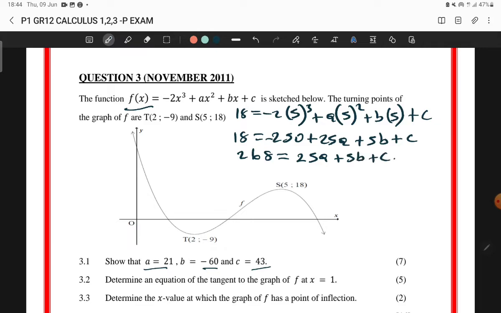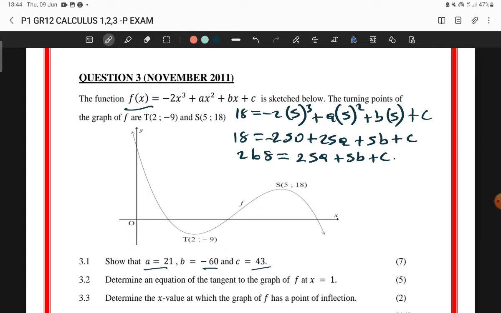So if we can just have this one for now, then we'll remember something: at the turning point, we remember one thing, that the derivative of a function is equal to 0.